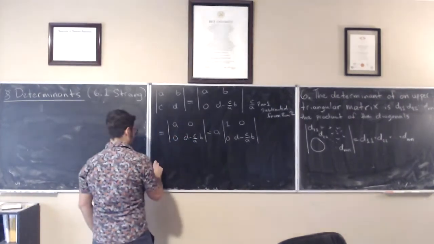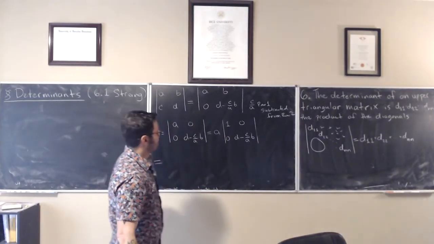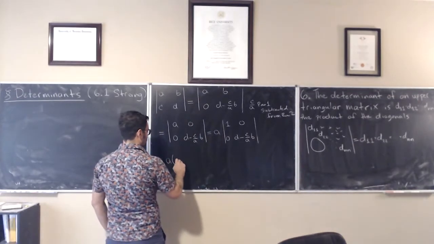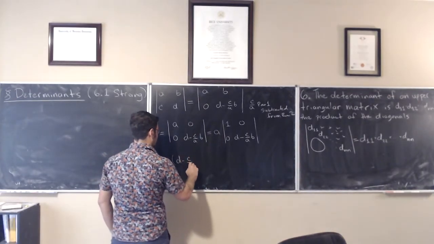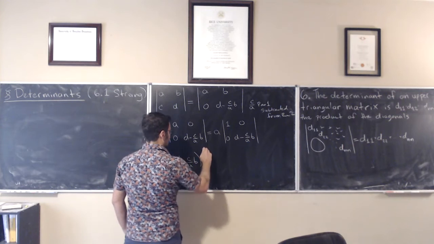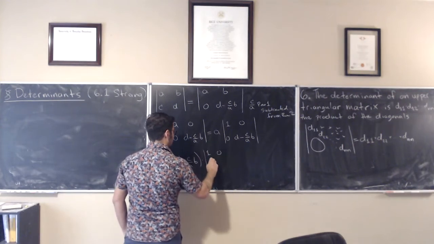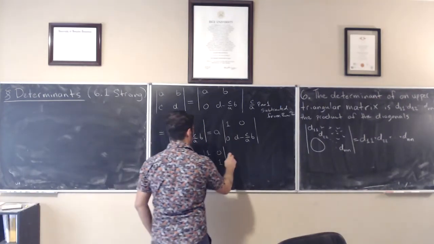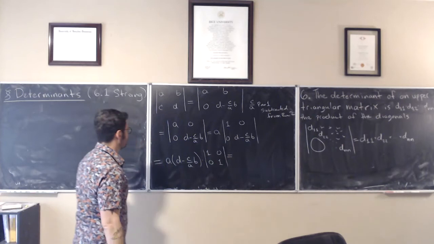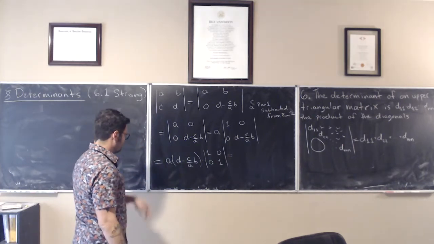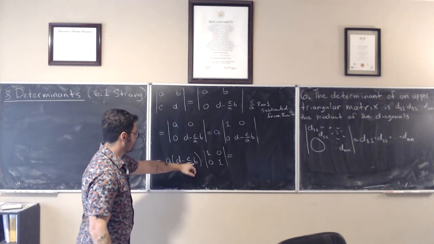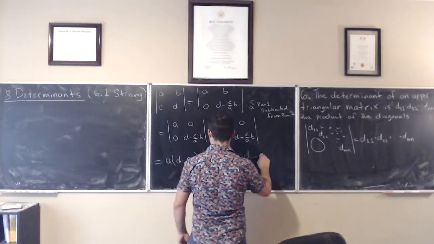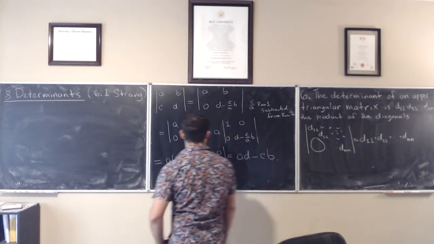And now we can take out that scalar from that row, and we get A times D minus C over A times B times the determinant of the identity. We know that that's just equal to 1. So then here, we get A times D, and then A times this is just CB. So A times D minus C times B.